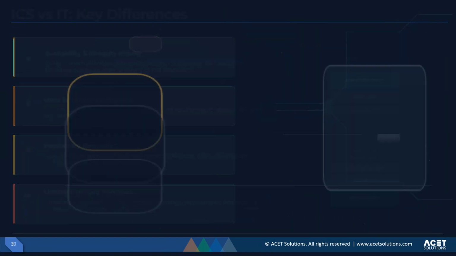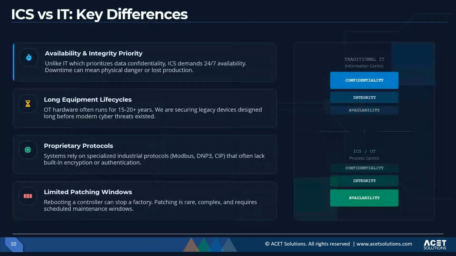So let's have a look. What is the key difference between ICS and IT? As IT and OT environments continue to converge, one of the biggest differences between ICS and the traditional environment is the priority placed on system availability.